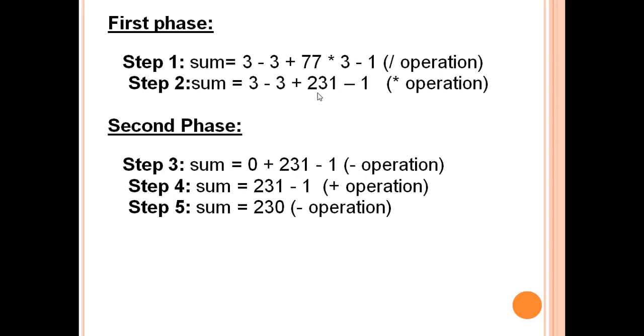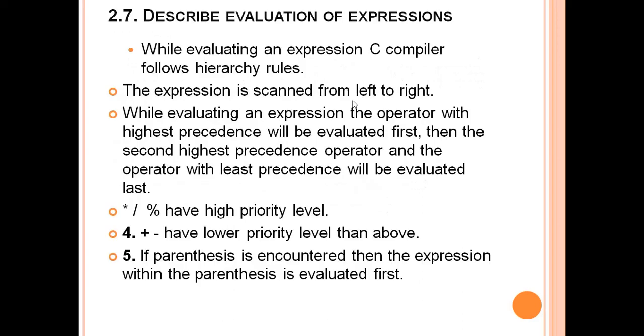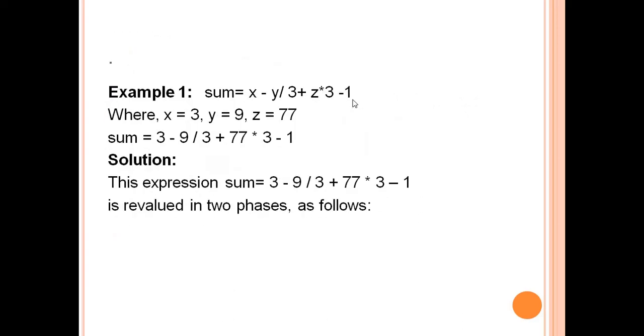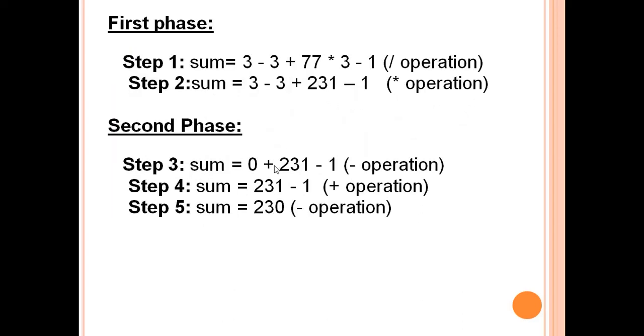So this is one level. So in this level, if you scan from left to right, here the minus operator is having the higher priority, minus is having the higher priority among this minus, plus, minus. So here what we are doing is, we are evaluating this 3 minus 3.